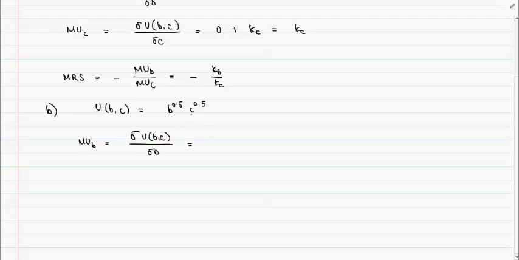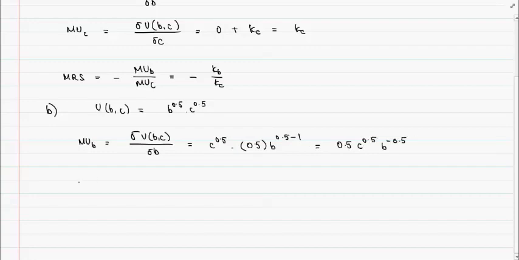Over here again we are treating c as constant, so a constant in front of the variable will remain the same, so c to the power 0.5 is going to remain the same. If we differentiate b to the power 0.5 with respect to b, you will get 0.5 in front. You take the power in front, and b to the power of 0.5 minus 1. And so that is going to give you 0.5 c to the power 0.5, b to the power negative 0.5.